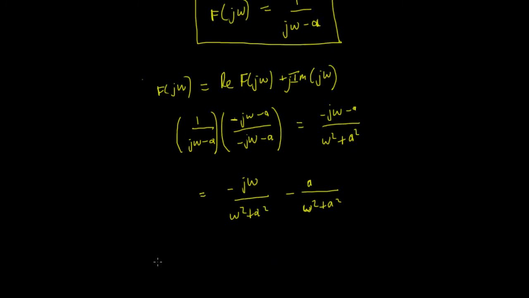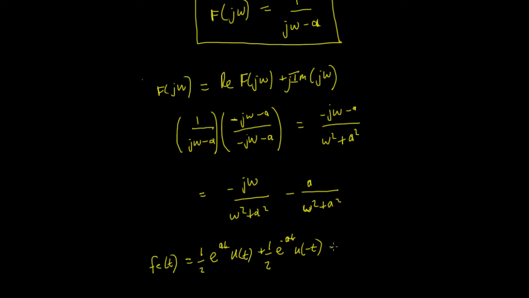We're going to have the even part of time, which was our 1 upon 2 e to the at u of t plus 1 upon 2 e to the minus at u of minus t.